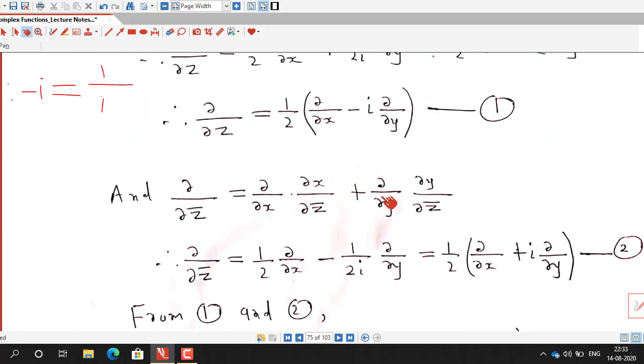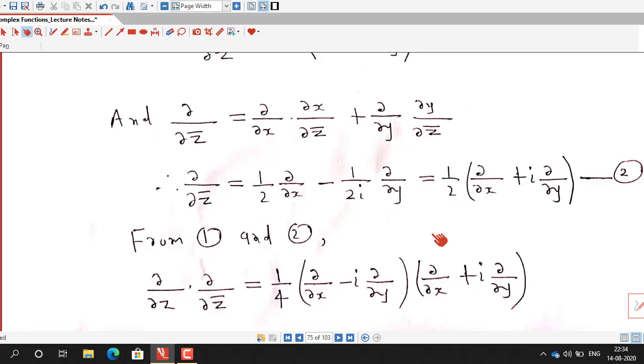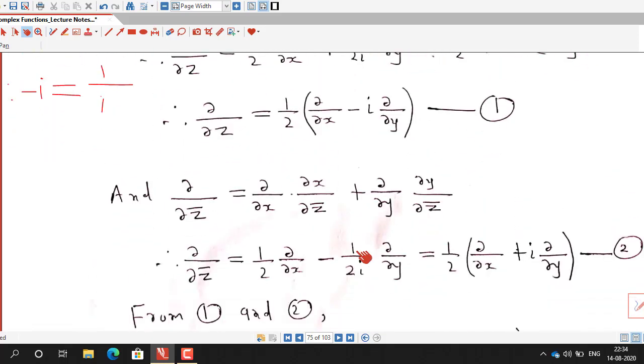So we have to put those values there. Del x by del z bar is 1 upon 2, del y by del z bar is minus 1 upon 2i. 1 by 2 can be taken outside, so this is 1 by 2 into del by del x plus i into del by del y. Now we consider the multiplication of 1 and 2.